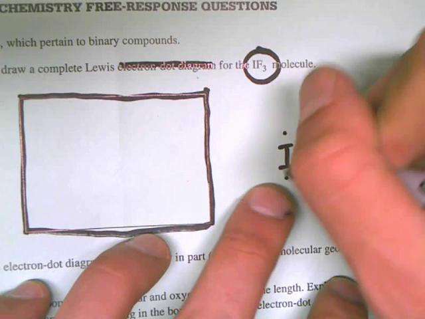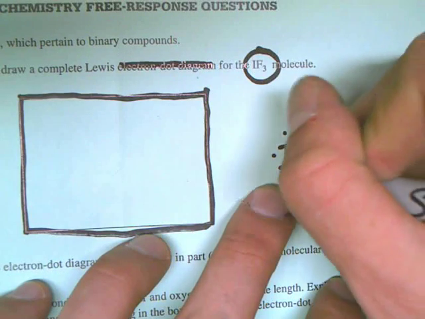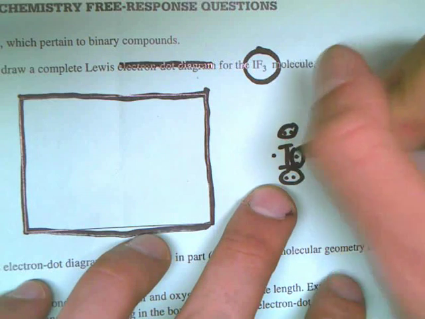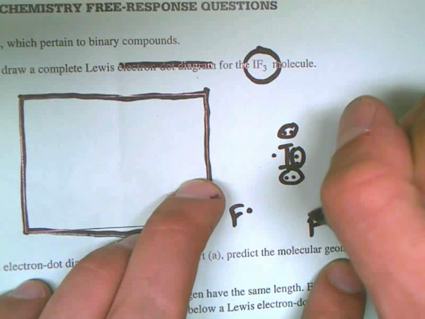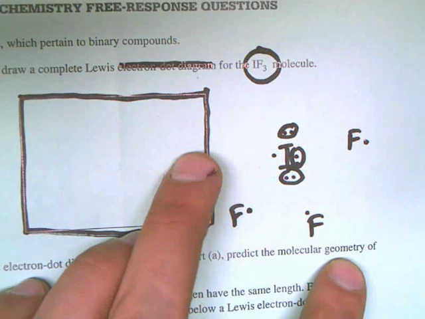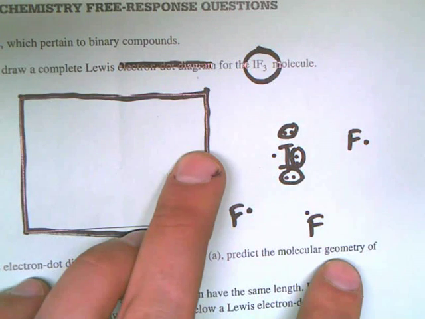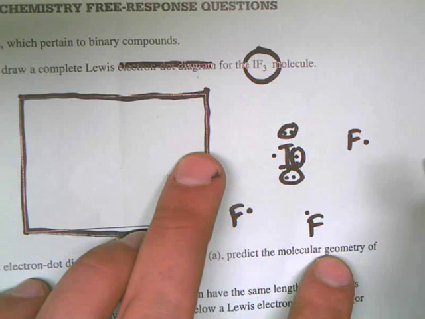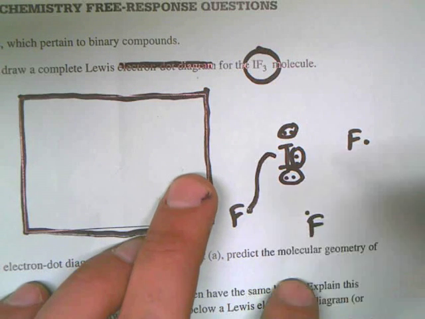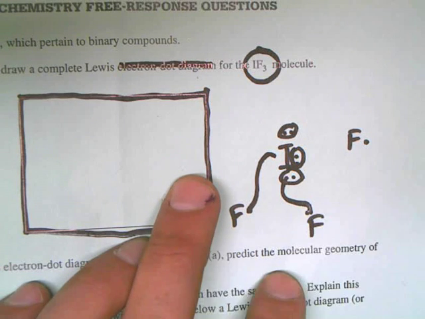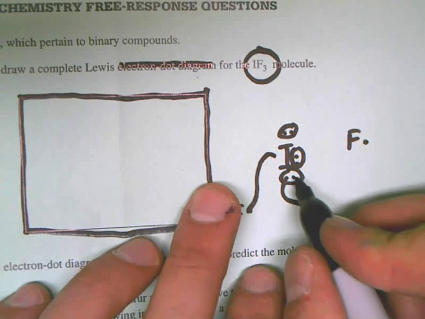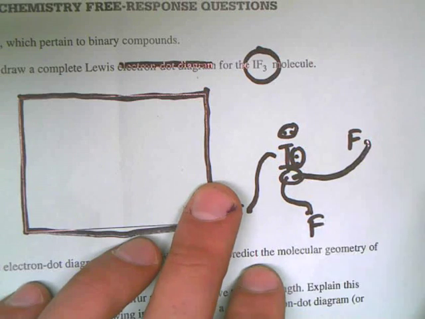So we know that I has 7 dots, and we know that all the F's have basically the equivalent of 1 dot. Now we're on a free response problem, so we will draw those later. So I'm going to reach out to this. I'm going to split, and I'm splitting to a single bond, so I am allowed to do that.